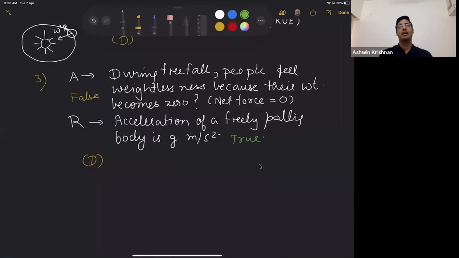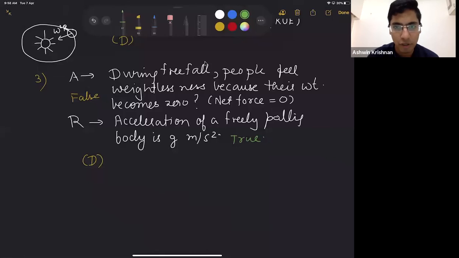Okay. There is the normal reaction if the person tries to stand, that becomes zero. The weight is still mg. Weight by definition is mass into gravity. So that is still mg, but the net force on them becomes zero, which is why they feel weightless. Got it.